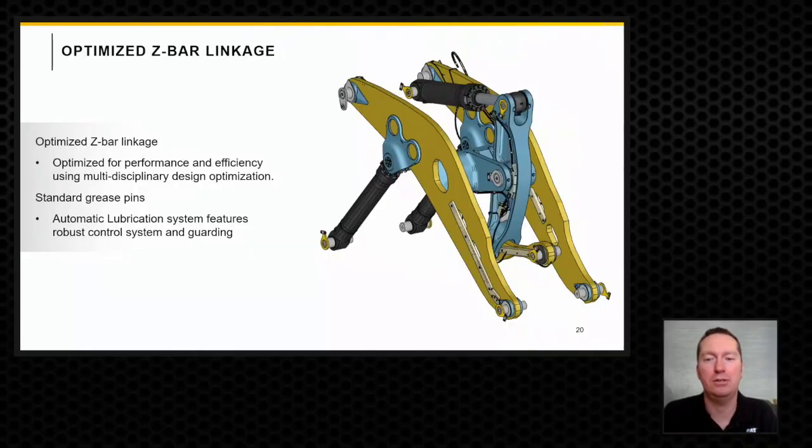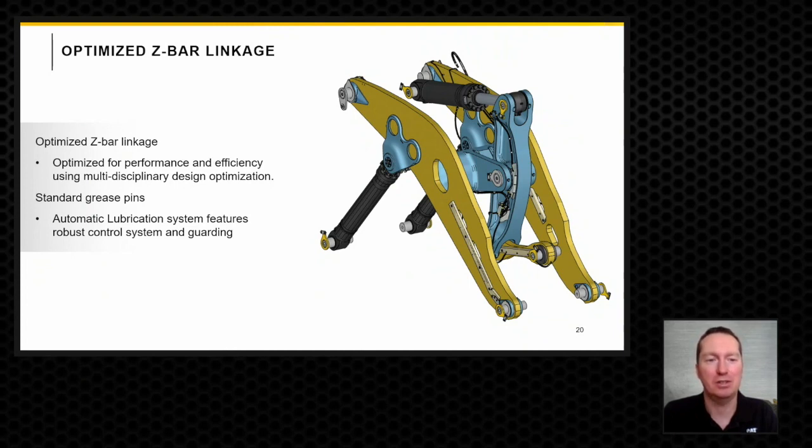And in order to achieve that breakthrough, we really needed to start over with a brand new linkage design, optimize the design, and go through millions of iterations on our computers.